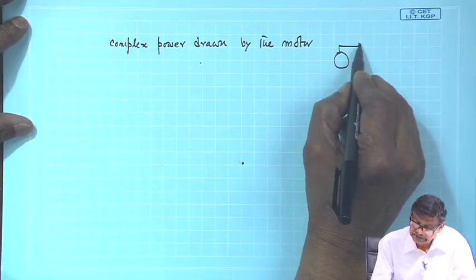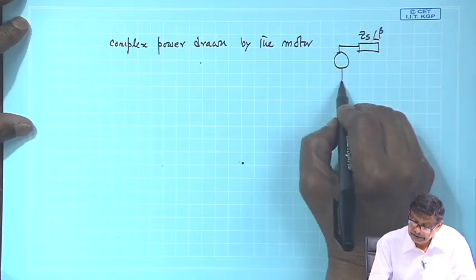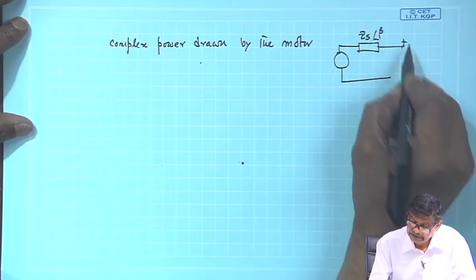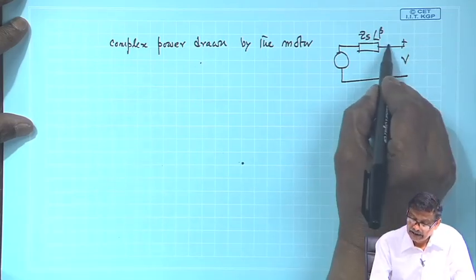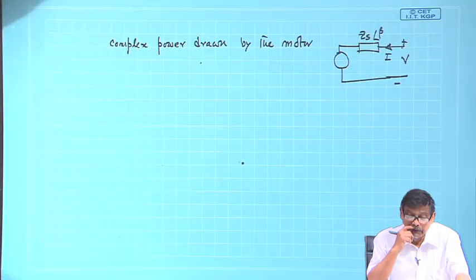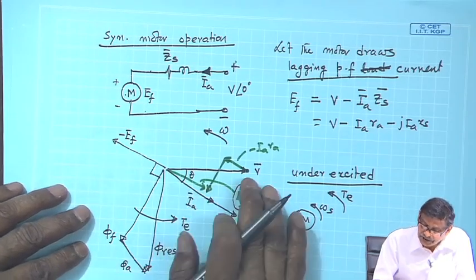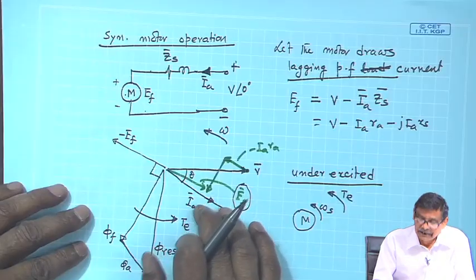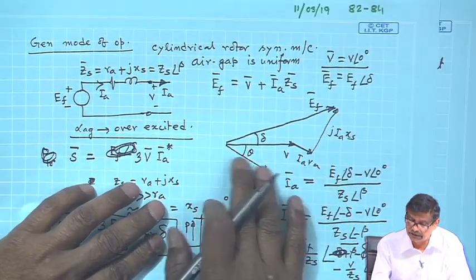This is your Z s, angle beta, and here you do not fumble, okay. This is the terminal voltage and it is drawing a current like this. And also you note that in case of motor mode, E f will always be below V. In case of generator mode, E f will always be above V, no matter whether it is lagging or leading.